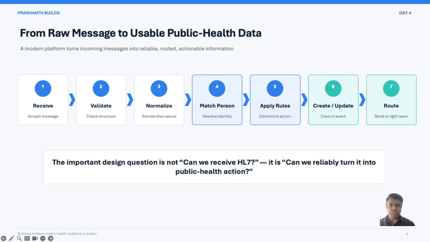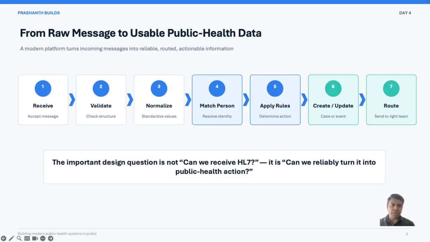Once a message reaches public health, several things have to happen before it can become useful. First, the message has to be received and validated. Then the data needs to be normalized so that different labs and coding conventions can be interpreted consistently. Next, person matching needs to happen. Does the lab result belong to someone who's already in the system?